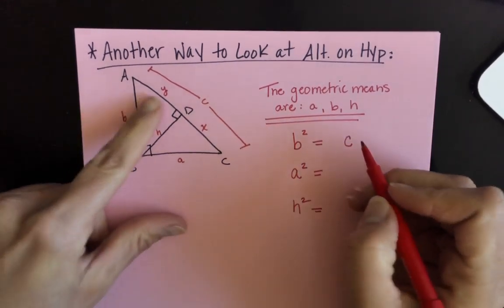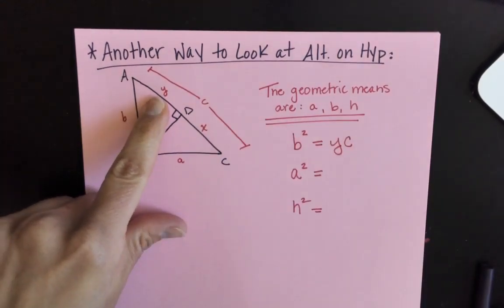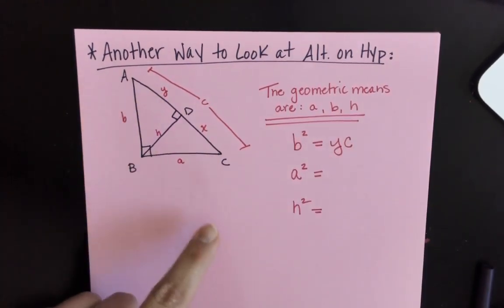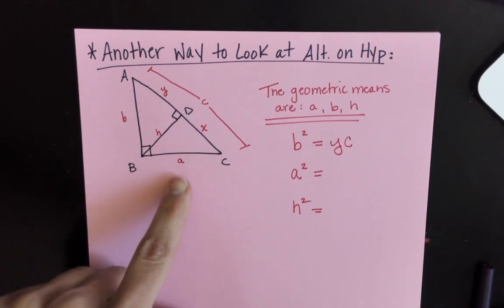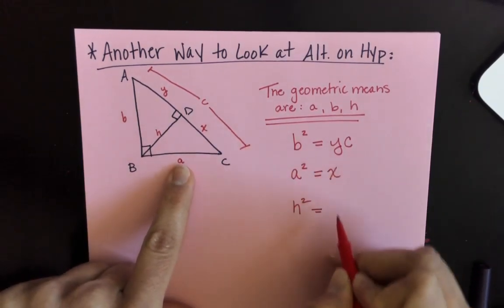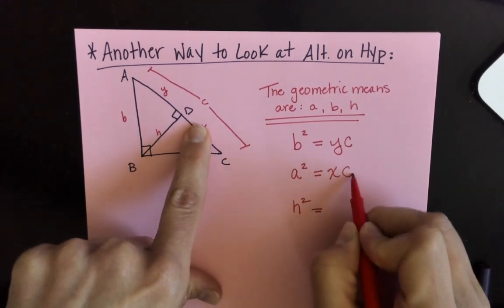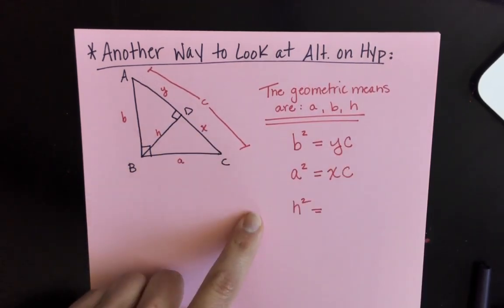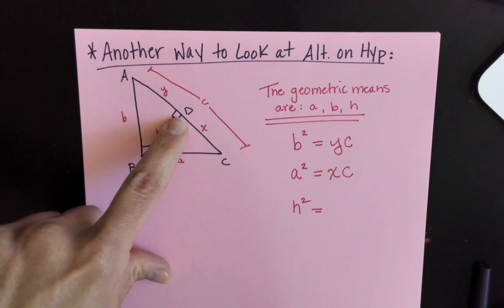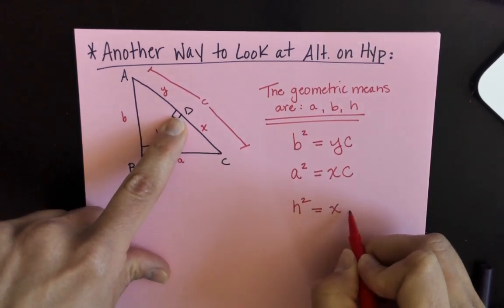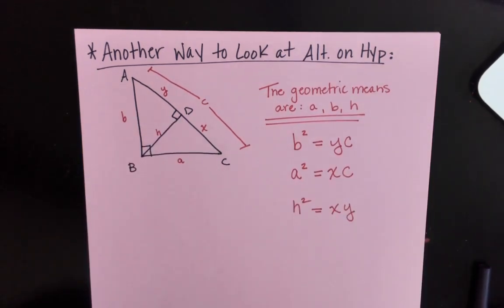Yep, we're going to do y times c, which then means if it's exactly repeated on the other side, a squared would have its adjacent part x times c, and then our h squared was supposed to be part 1 and part 2, x times y.